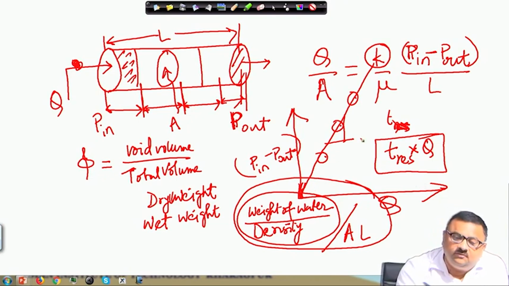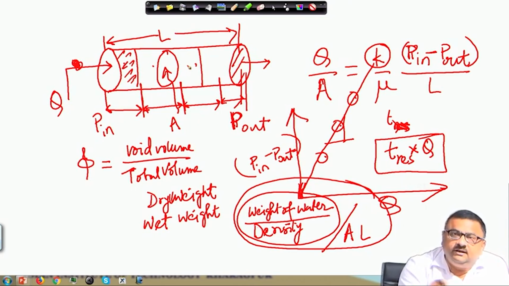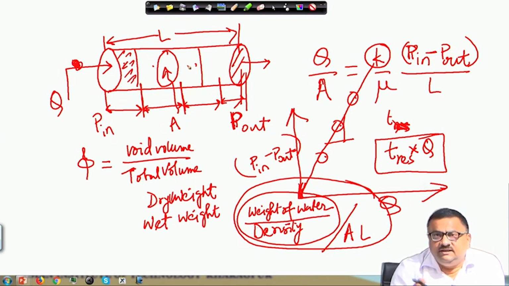By measuring the slope, you can find out the permeability of each section separately. And if you work with P in and P out, you can measure the overall permeability. So, the permeabilities are in series, and you have a way to measure the overall permeability also. So, one can work with this method to find out these permeabilities and porosities.